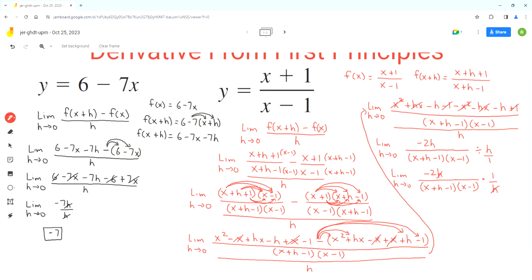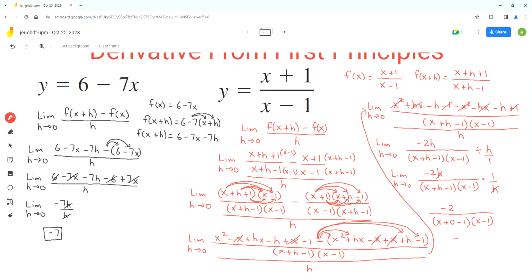And we can also apply the limit. So we sub in h as 0. So we just get negative 2 over x plus 0 minus 1 times x minus 1. So the 0 goes away.